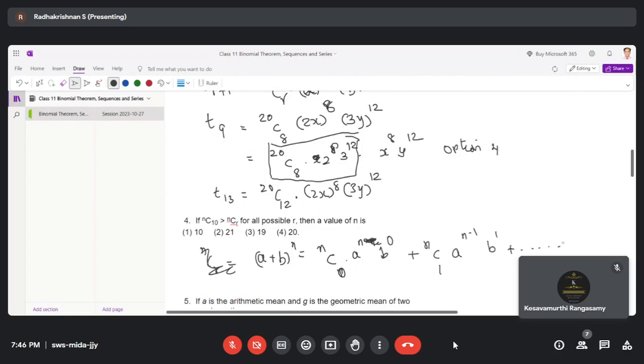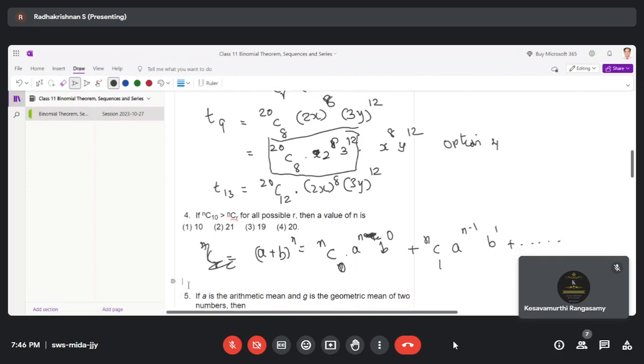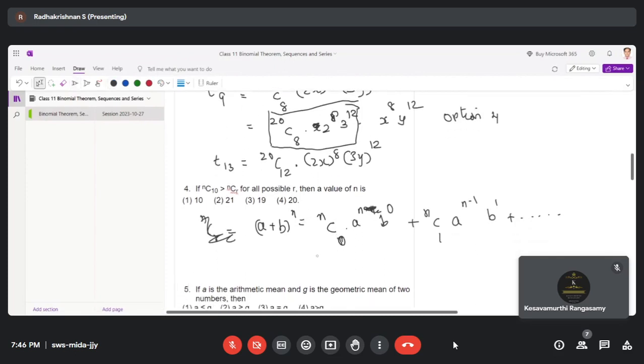So this is the binomial standard expansion, right? If you see the binomial expansion terms, this nC0 will be 1. The first coefficient will always be 1. The next term will be n. The next term will be nC2 and so on. And then the middle will be nC(n by 2). It will go on increasing. But at the end, nCn will also become 1.